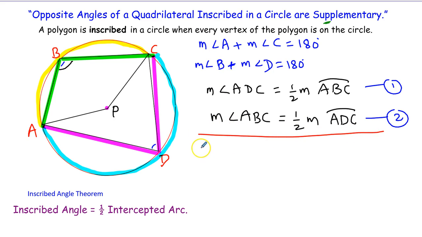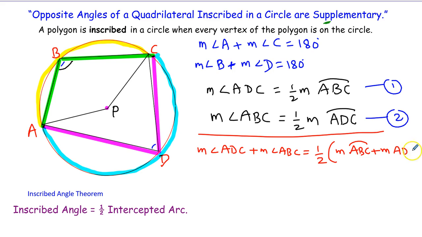On adding, we have the measure of angle ADC plus the measure of angle ABC, I added these two left hand sides, is equal to the sum of the two right hand sides, with half as a common factor. I'll take half out. Half of the measure of arc ABC plus the measure of arc ADC.